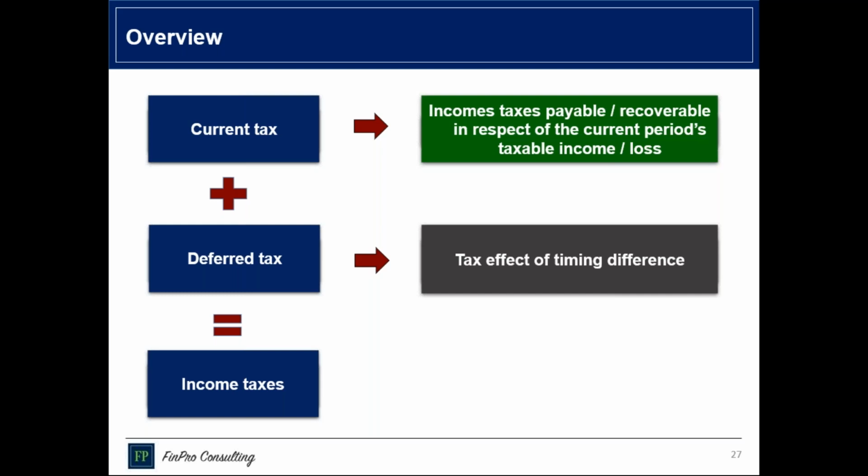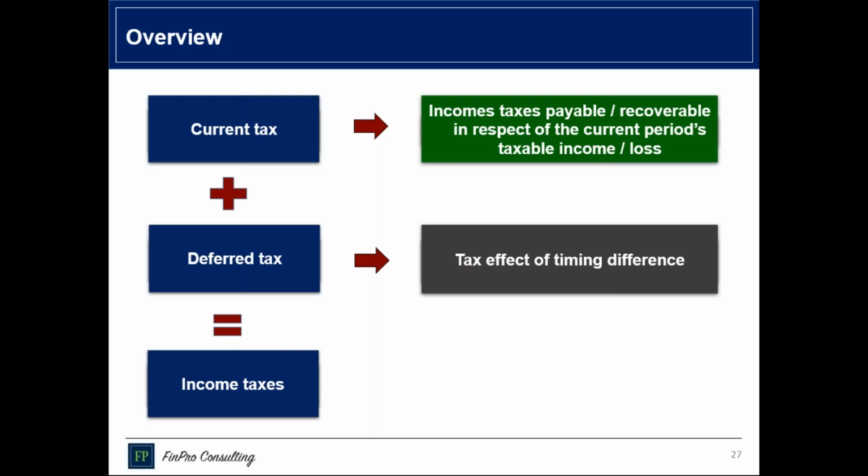Now we'll understand what we mean by timing difference. So current tax and deferred tax put together constitute AS 22. AS 22 talks about current tax and deferred tax both. However, 90% of our time will be spent discussing deferred tax, because current tax is more governed by the tax laws in your local jurisdiction.